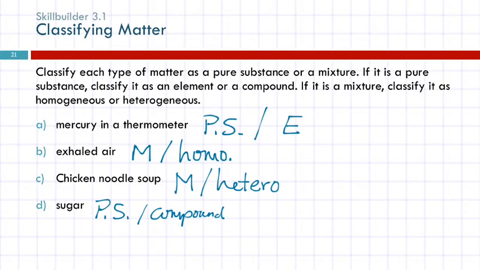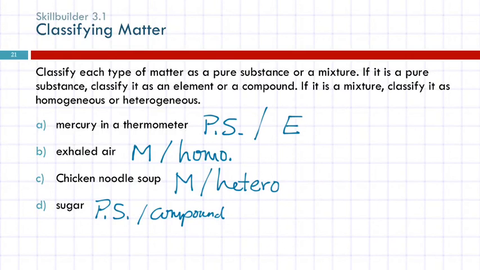But if you look through the list of elements, you won't find sugar. If you think about what sugar looks like, it's very uniform, isn't it? All the little sugar crystals look the same. They're all white and uniform. So that's a big clue that it's a pure substance. And since we can't find it on the periodic table, we should at least guess that it's a compound rather than an element. Any questions?